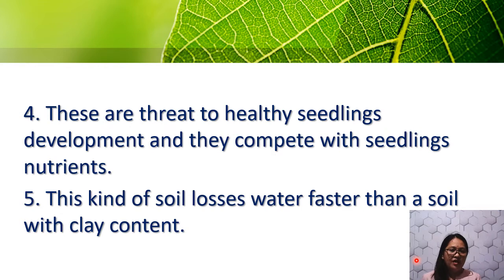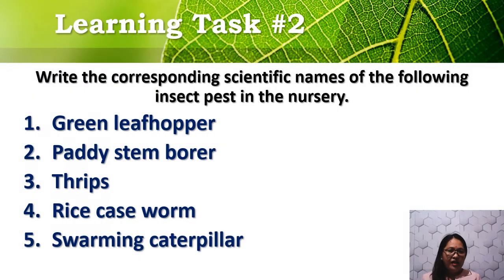Now, let's move on to the Learning Task 2. Write the corresponding scientific names of the following insect pests in the nursery. Again, write your answer in your notebook. Number 1, green leaf hopper.